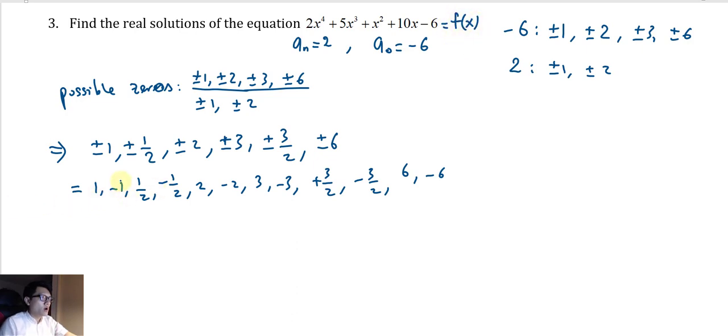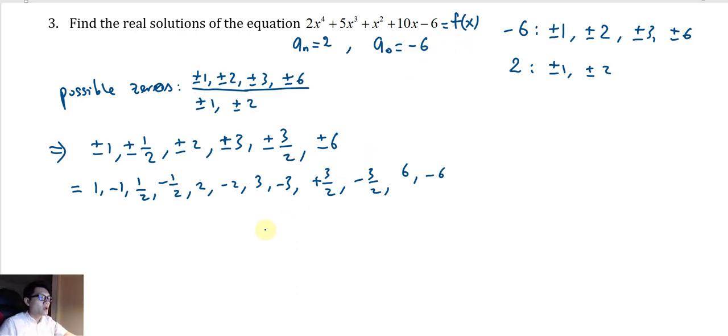Now we have 12 possible values that could be the real solutions to this equation. Now we have to take each of them, plug in for x, and see which ones give you the value of 0, because you are looking for the zeros of the solutions.